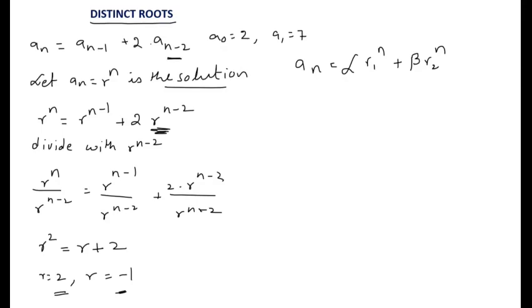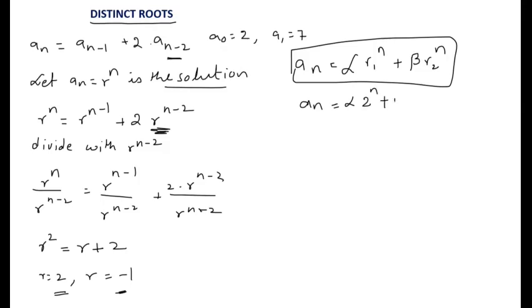Using this formula, we write the solution a_n = alpha into 2^n plus beta into (-1)^n.